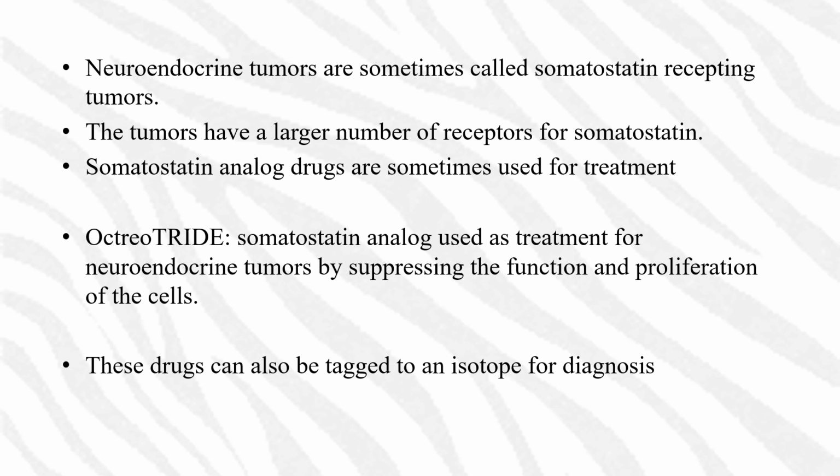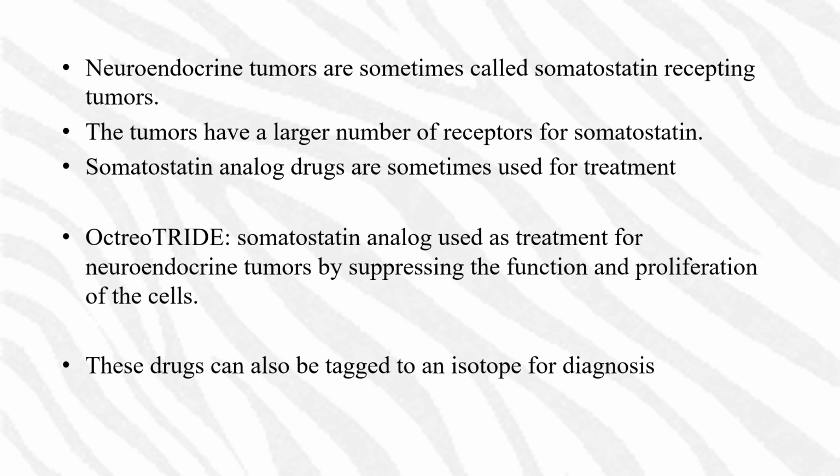They will overproduce whatever hormone those cells normally produce, and so they naturally develop more somatostatin receptors on the cell surface because your body is trying to regulate the overproduction of hormones. So neuroendocrine tumors have a large number of somatostatin receptors on the surface.